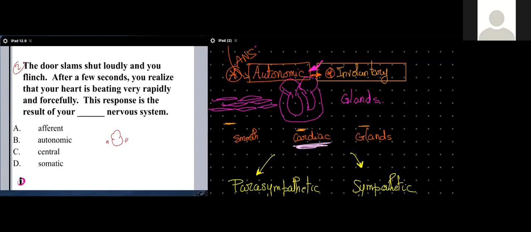Am I sensory or motor first? Is the heart a muscle or a receptor? It's a muscle.